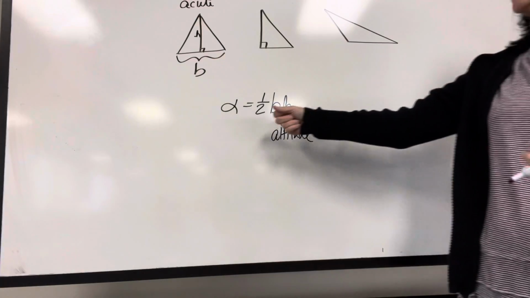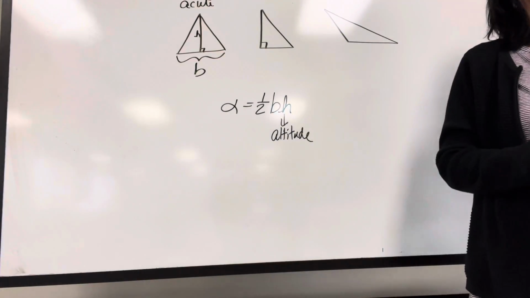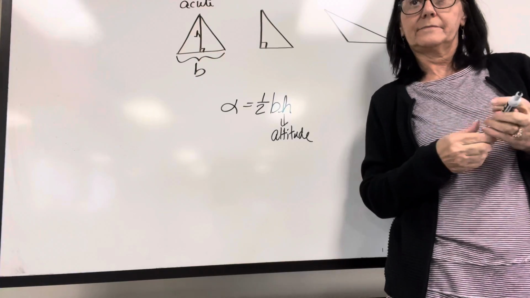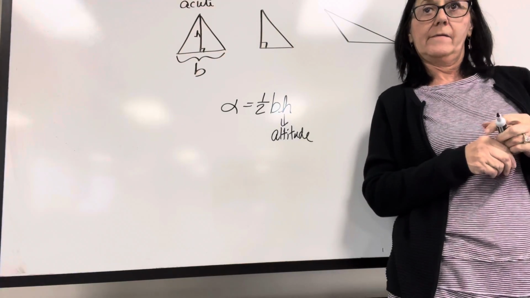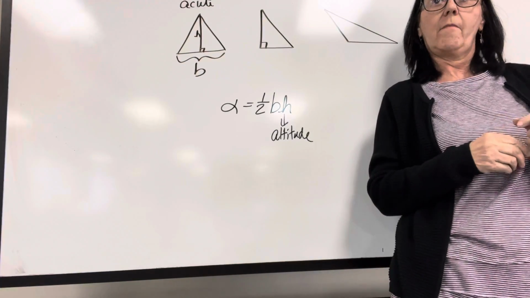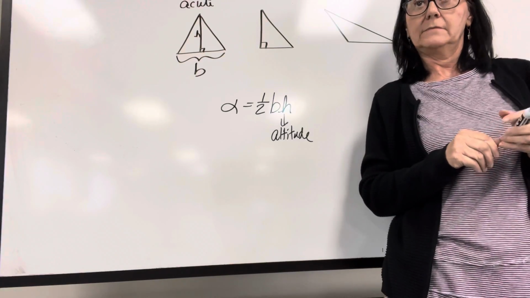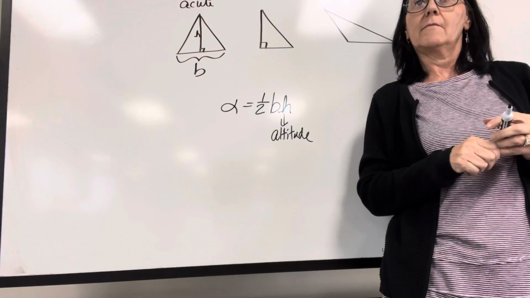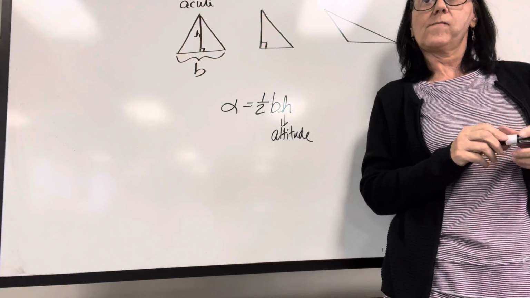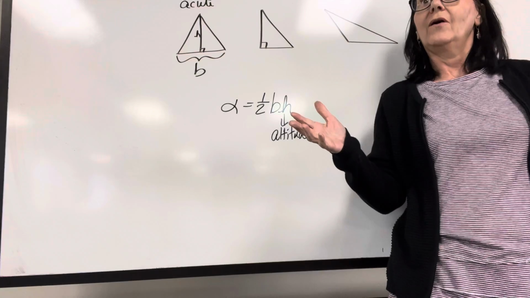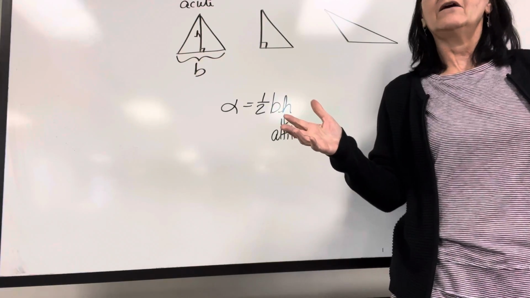Why do we multiply it by 1/2? Yes? Because multiplying by 1/2 is the same as dividing by 2. If you have a triangle, it's kind of like half of a quadrilateral or a parallelogram.